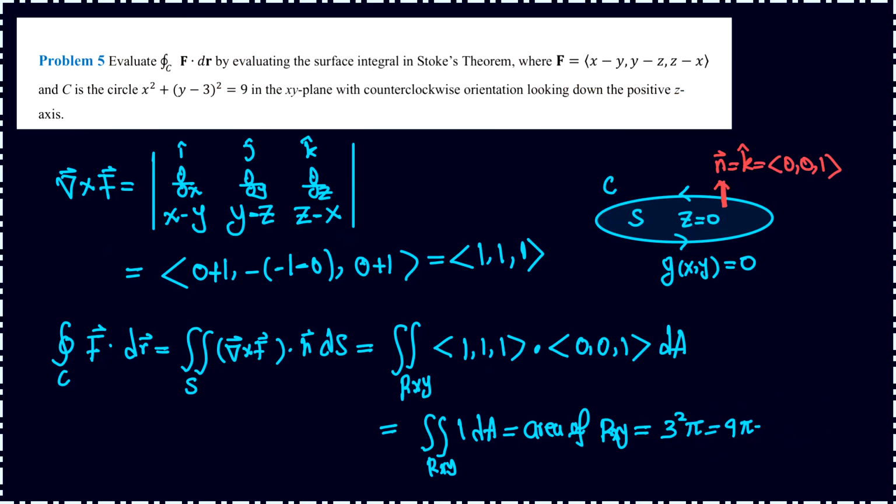So if you have some crazy surface and the curve, you can just take a k hat instead of n of the surface. Here we have surface independence, right? And these are applications of Stokes' theorem.